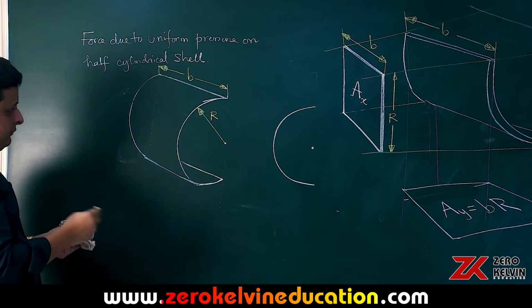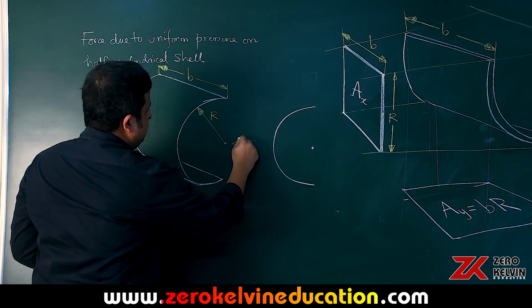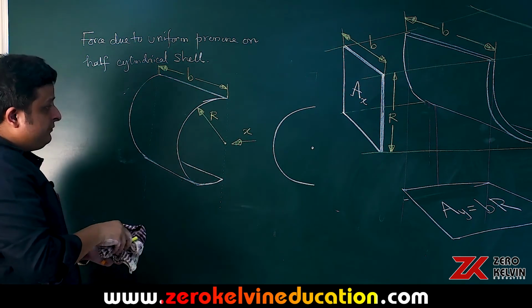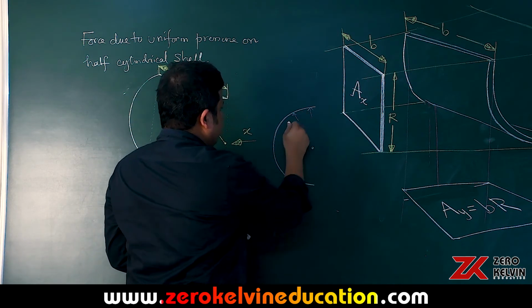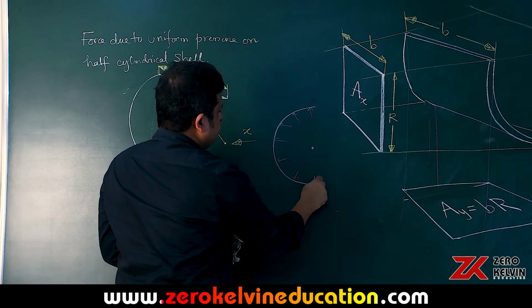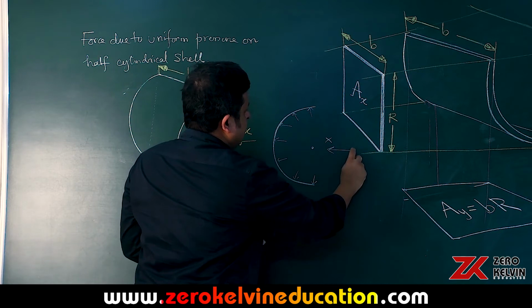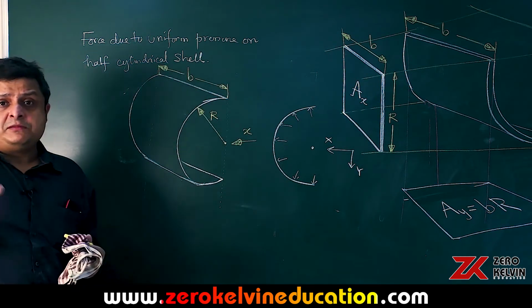Now, what about the forces along the x and the y axis? Say this is the x axis, and as you can see from symmetry, as it is uniform pressure like this, and this is the y axis downward, the total force along the y axis will be 0.